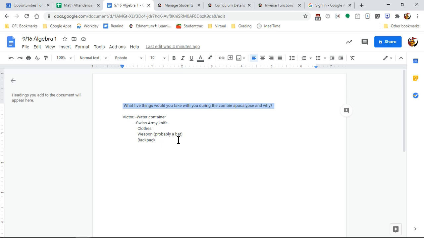And why? If you don't want to do the full 5 items, that's fine. Do whatever you can. When I was typing these out, I think I was stuck with these 3, and then I'm like, oh, weapon and backpack afterwards. I didn't explain why, so I don't expect you to have to. Oh, you don't have to apologize. It's fine.